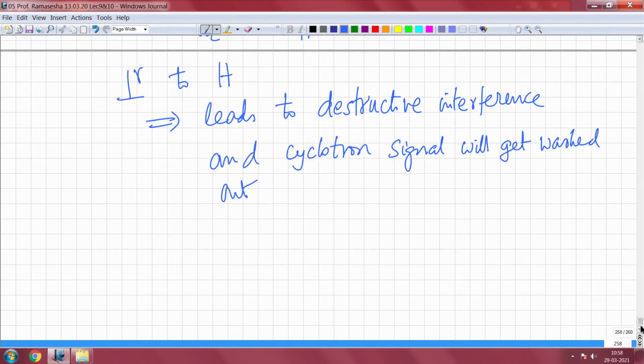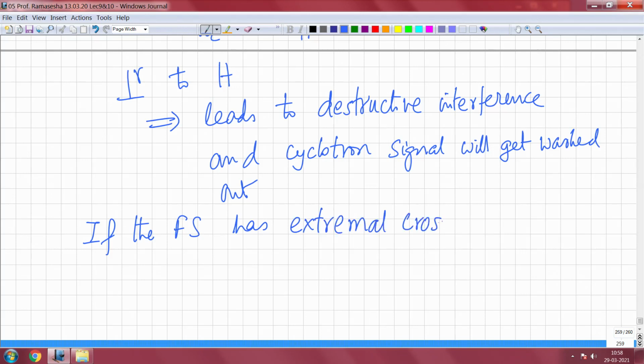The saving grace is that if the Fermi surface has extremal cross sections, for example, let me look at a Fermi surface which has a shape like this.